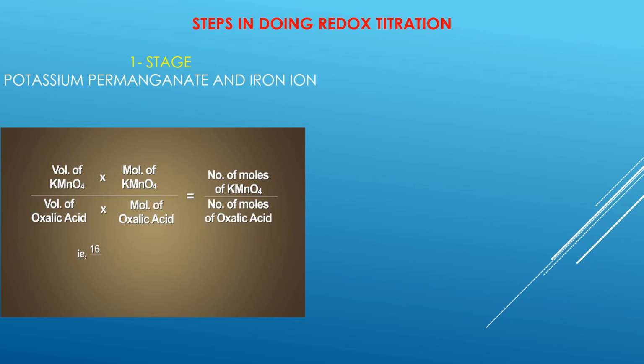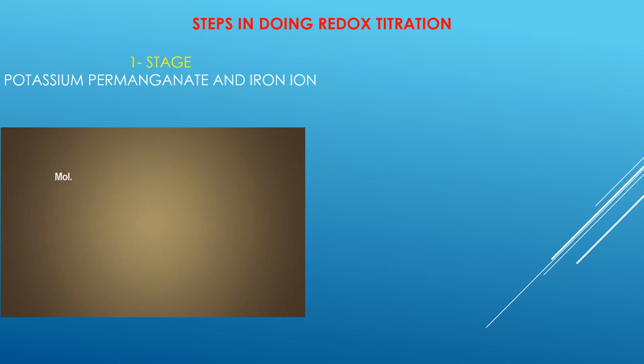That is 16 into molarity of potassium permanganate divided by 20 into 0.1 is equal to 2 by 5. Therefore, molarity of the given potassium permanganate solution is equal to 20 into 0.1 into 2 divided by 16 into 5, which is equal to 0.05 molar.